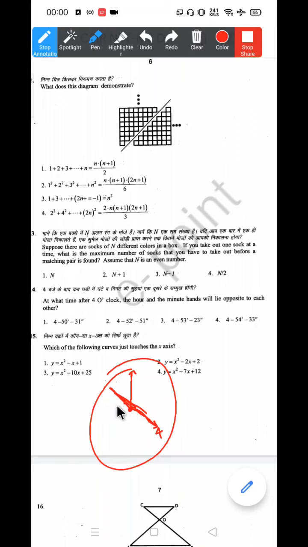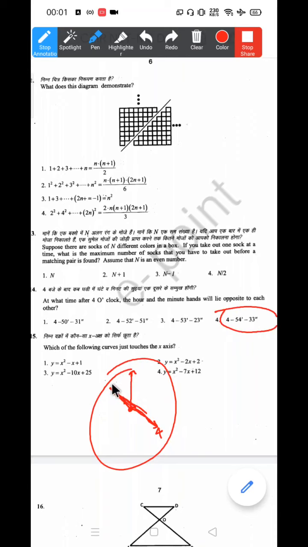Around 55. Yes, that will make the angle 0 actually. I think 54 and 30 minutes actually.